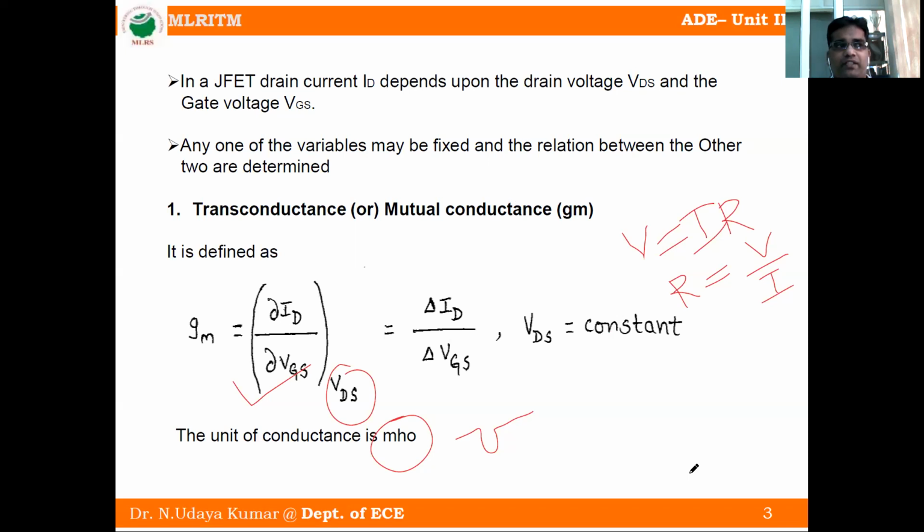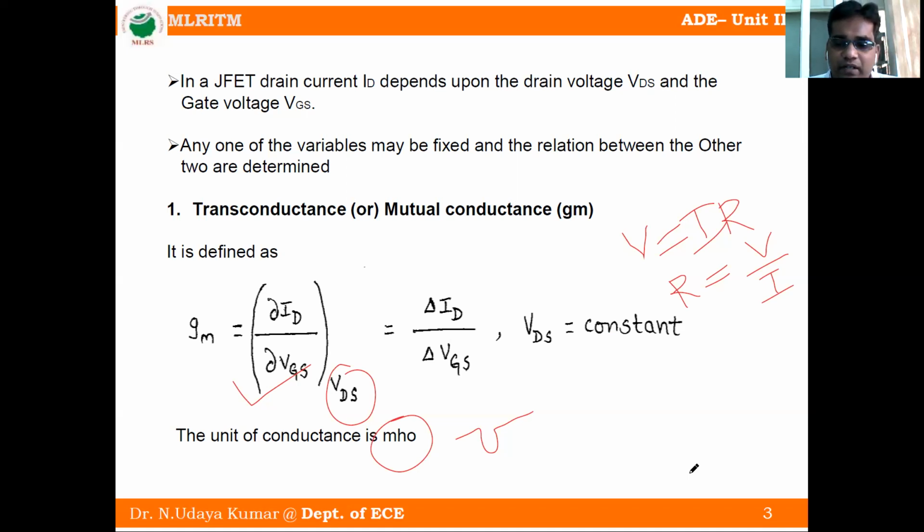We have three parameters, which means we fix one parameter and find the relationship between the other two. For example, I fix ID to some fixed value. The remaining parameters are gate voltage and drain voltage. The relationship between gate voltage and drain voltage is the amplification factor.